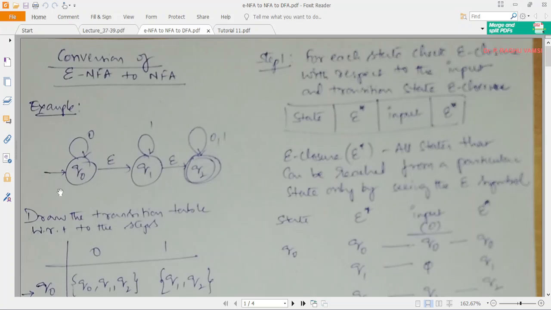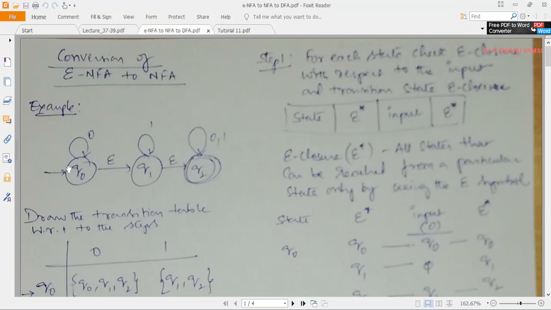First of all, whenever any epsilon NFA has been given, step 1 is, for each state in the epsilon NFA, find the epsilon closure. So for each state, check the epsilon closure with respect to the input and transition state. The table is to be drawn like this: state, epsilon closure, input, and for every input, whatever the resultant state, what is the epsilon closure of it?